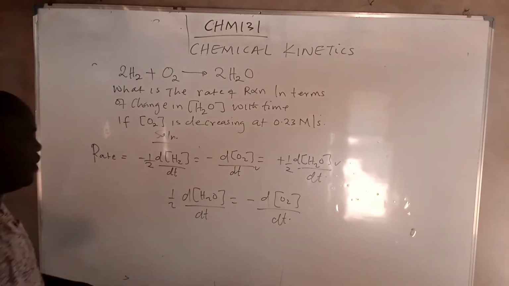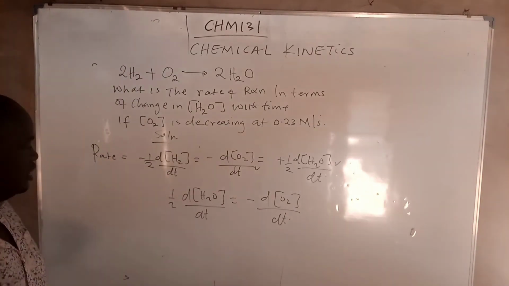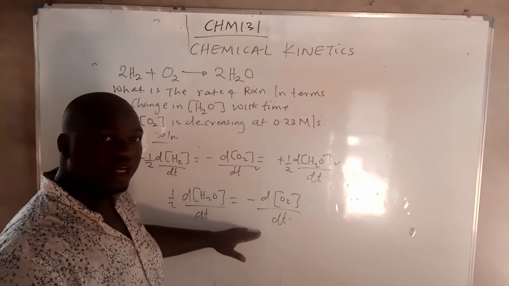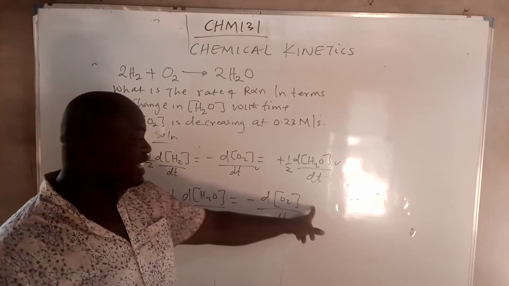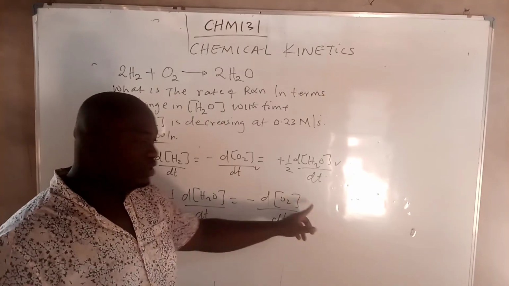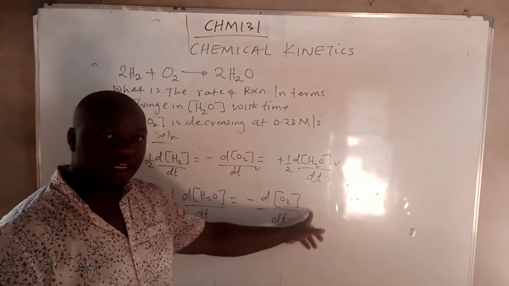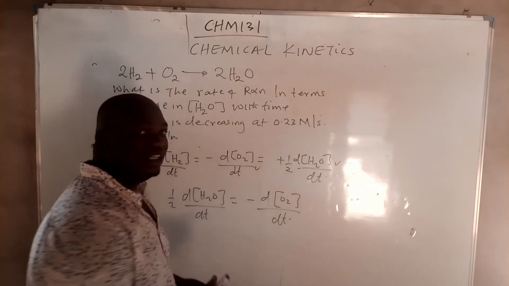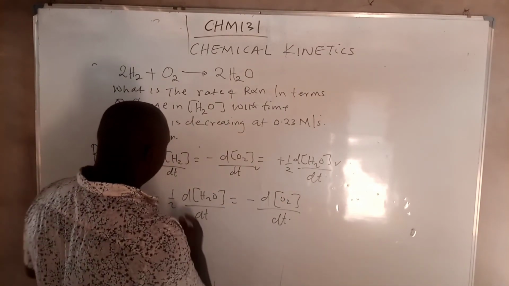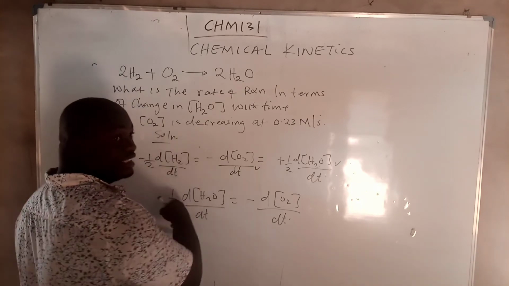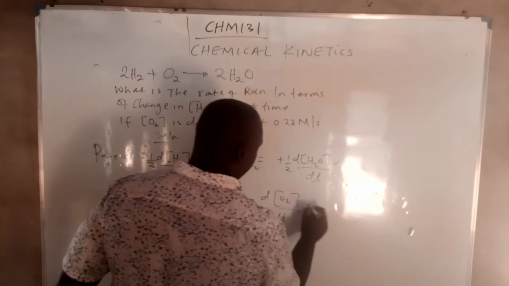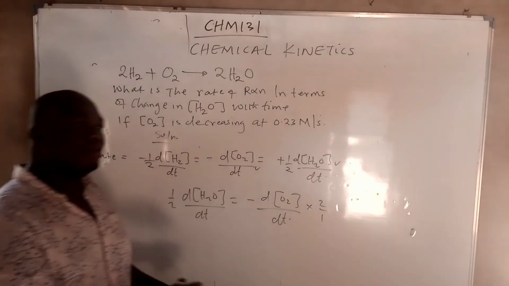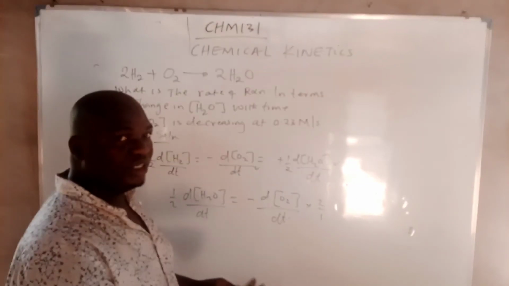Now what I want to do is make this the subject of the formula. So in short, for a shortcut, if you are in the exam, immediately you set it this way. Just carry the coefficient, flip it and put it here. If I'm in the examination hall, I'm not going to be wasting time writing all this. Immediately I write it like this, I'll just carry these two, flip the sign. It will just be times 2 over 1 immediately, and I'll get my answer. I'm only taking my time to do it because I want you to understand it very well.